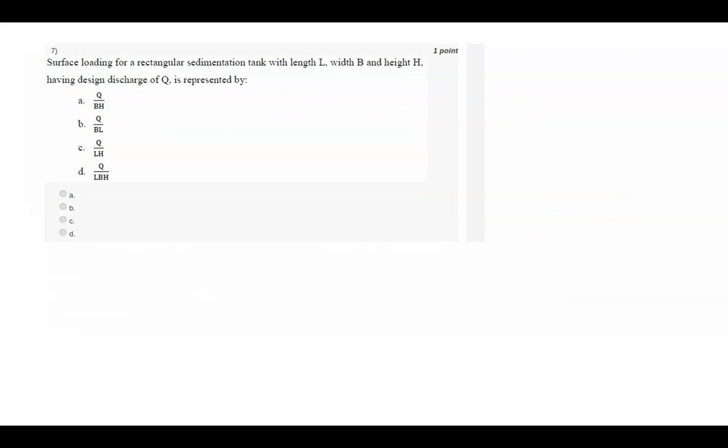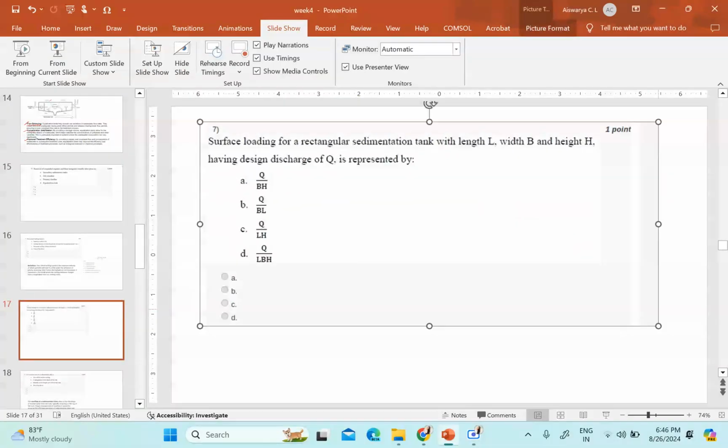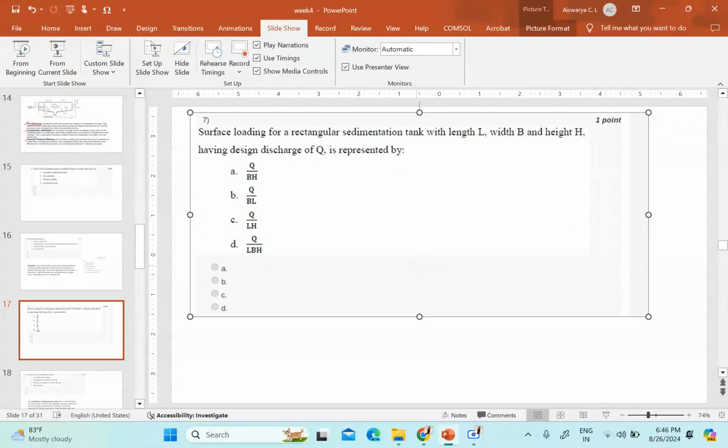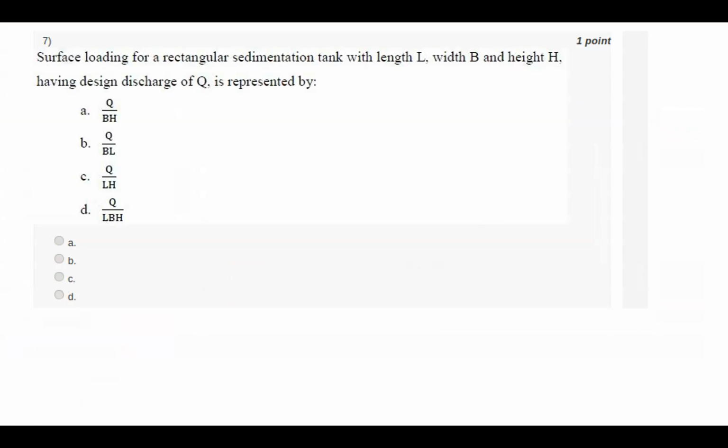Now, seventh question. Surface loading for a rectangular sedimentation tank with length L, width B, and height H, having design discharge of Q, is represented by which of the following options?